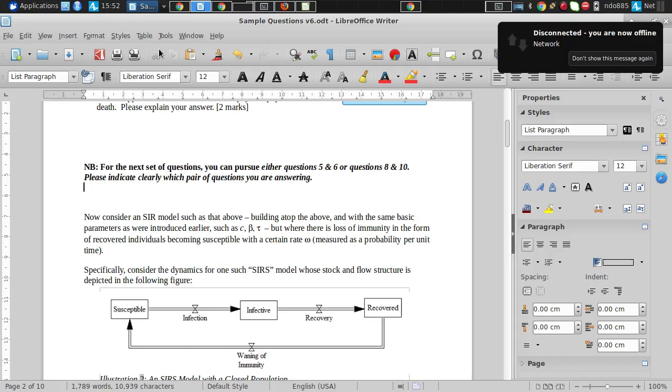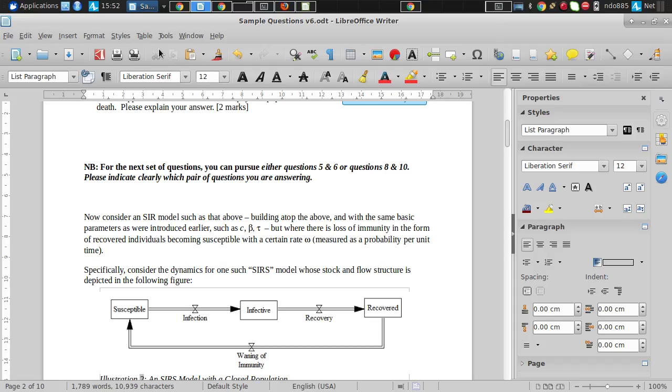It'll die out. But meanwhile, the endemic equilibrium here will be unstable. It would be repulsive. It would get sucked towards a disease-free equilibrium.